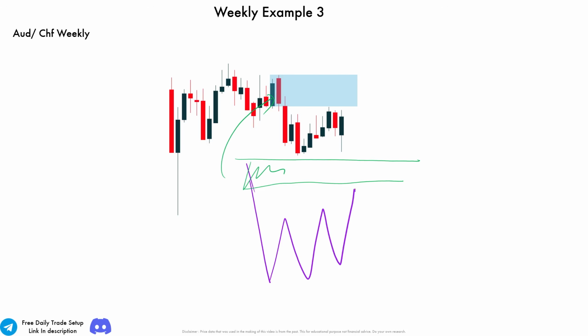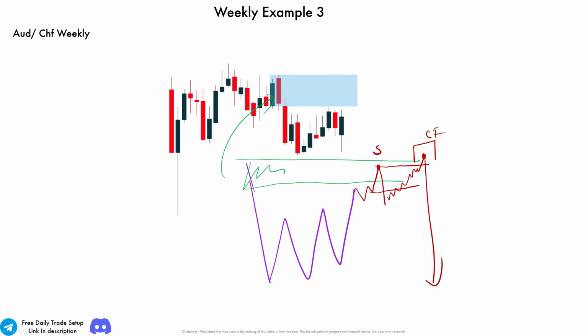So we need to see this move touch the supply zone, and then wait for the market to break the structure like this, and then we wait once more because we still have this high here. We wait for the market to trade above this high, and then give us a confirmation here, and then we can sell to the downside.